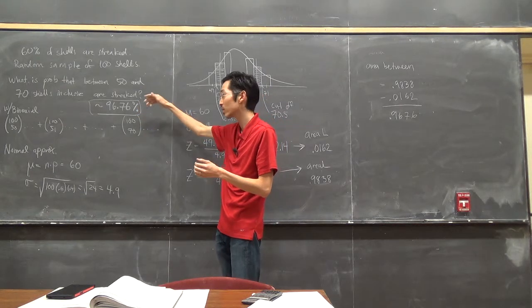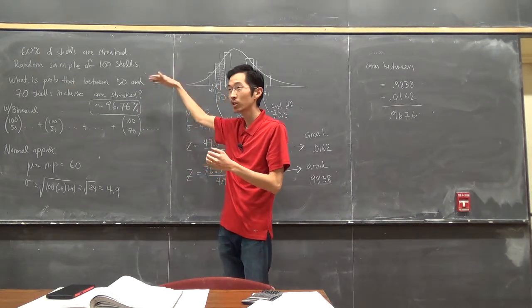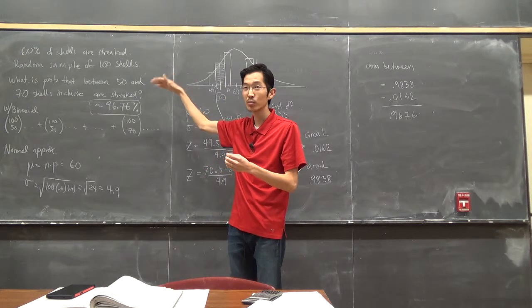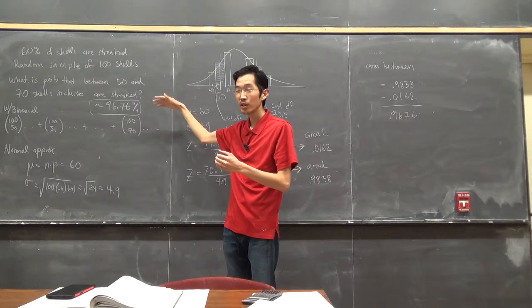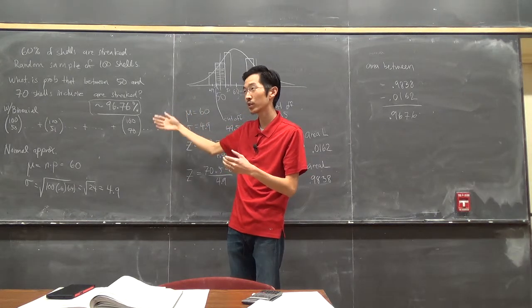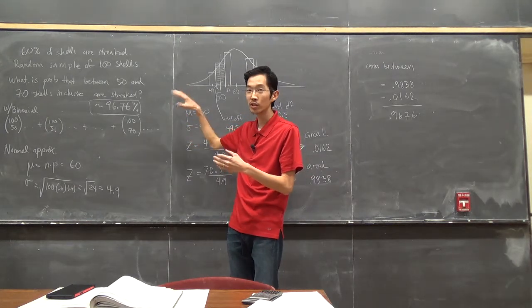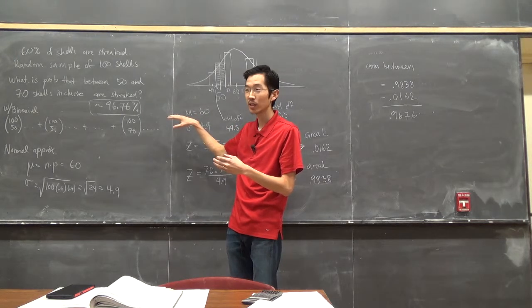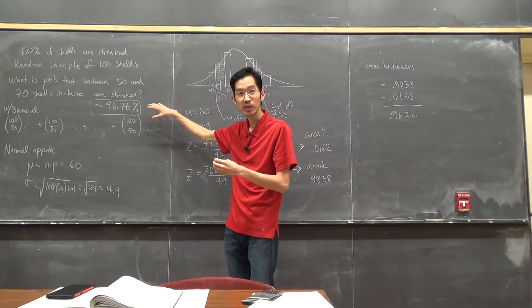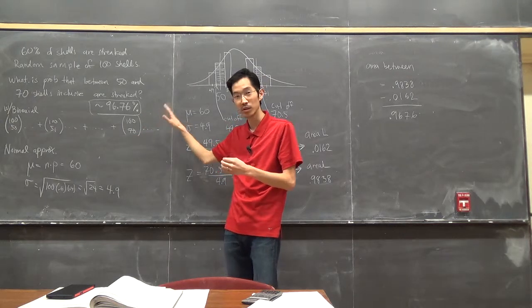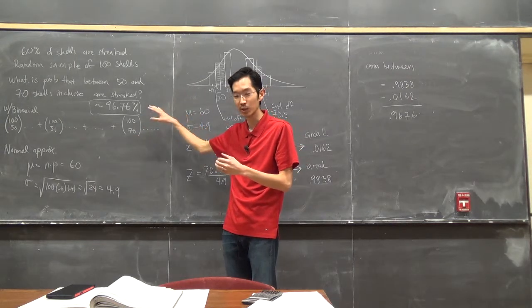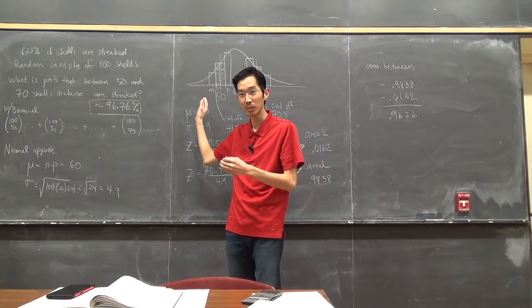So if the question says you're taking a sample of 300 shells, and what's the probability that 50% of the shells are streaked, in your head you should say, well, 50% of 300 is 150 shells. Okay, so turn it into a count and deal with the counts. The counts are always going to be easier to deal with when you're using the binomial and trying to approximate it with the normal. Okay.